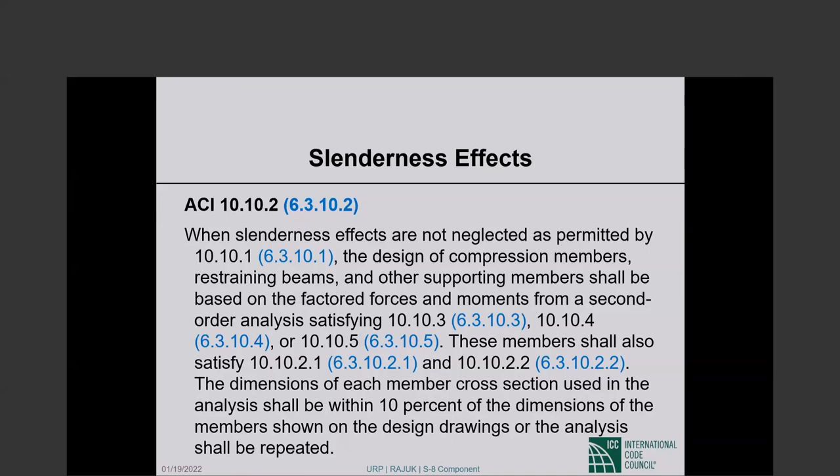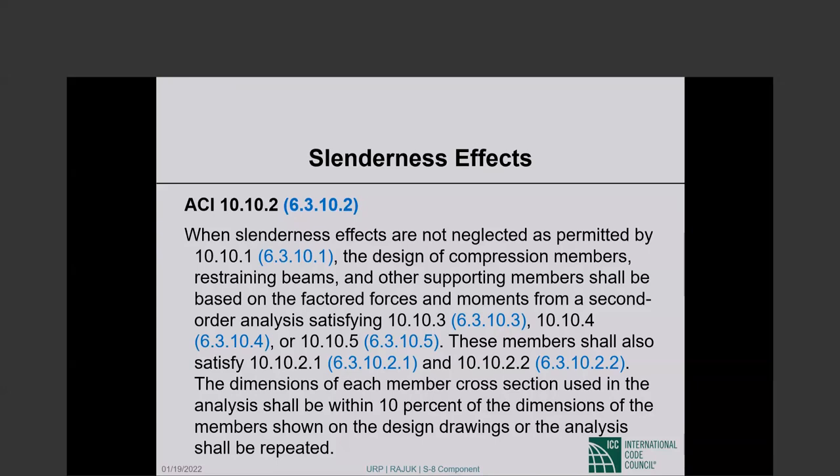These members, so second order analysis that you can do in three different ways, if you like, 10.10.3, 10.10.4, 10.10.5. That's what those sections are about.